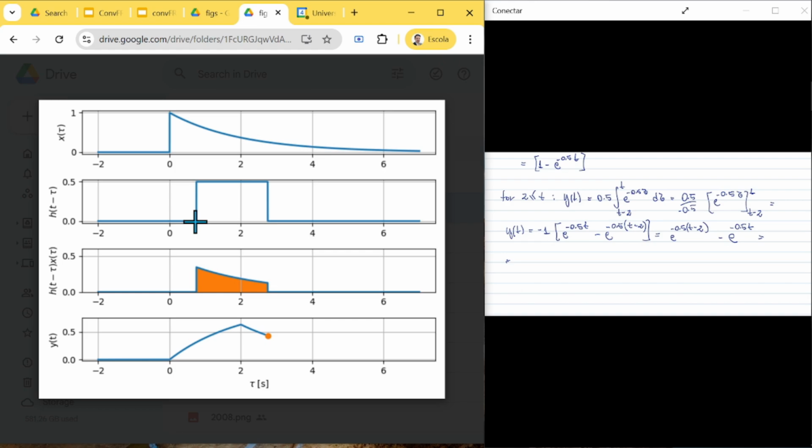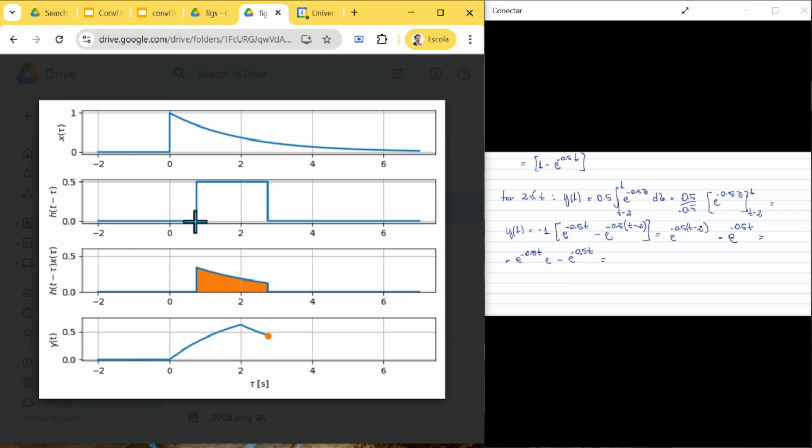So I can write this guy as e to the minus 0.5 t times e to the 1, which is e, minus e to the minus 0.5 t.